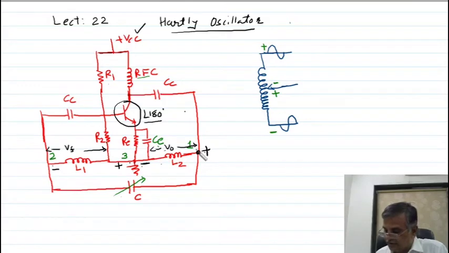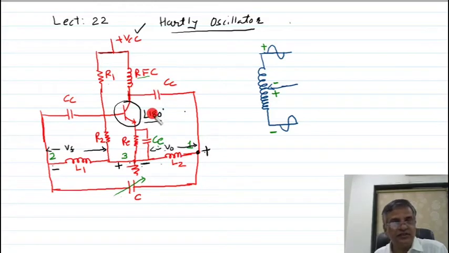Similarly, when terminal 1 is positive with respect to the ground, at the same time terminal 2 is nothing but negative with respect to the ground, meaning terminal 3. So the voltages developed across L2 and L1 have a 180 degree phase shift. So in this way the tank circuit introduces 180 degree phase shift.